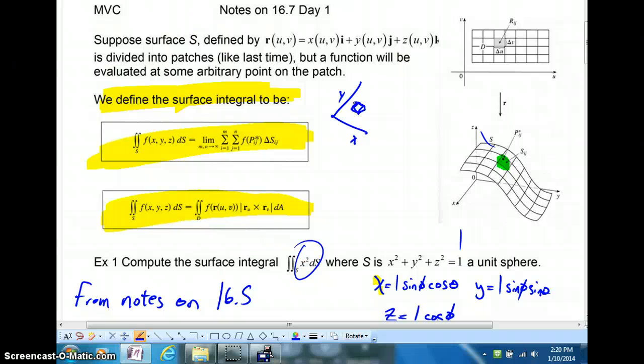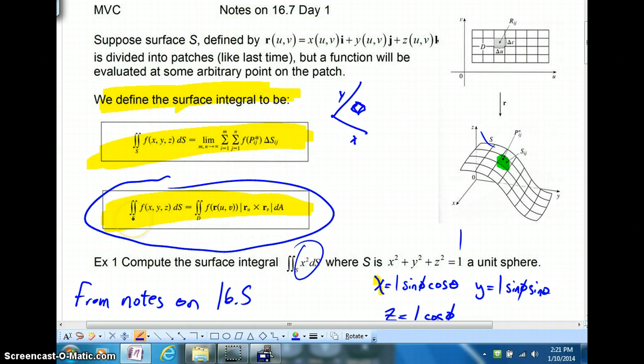So notice what we've highlighted in these boxes. We're saying we're going to define a surface integral to be a function evaluated at a point multiplied by that little area patch. So when we get down to the official definition, you can see the S written below this double integral.